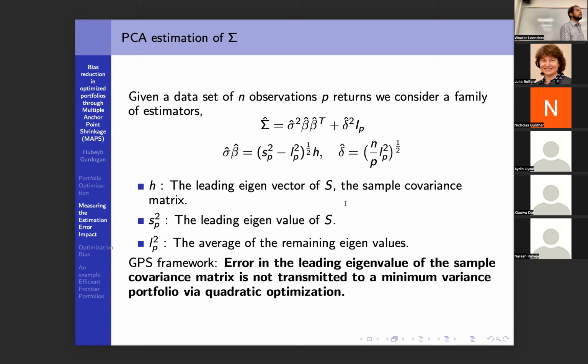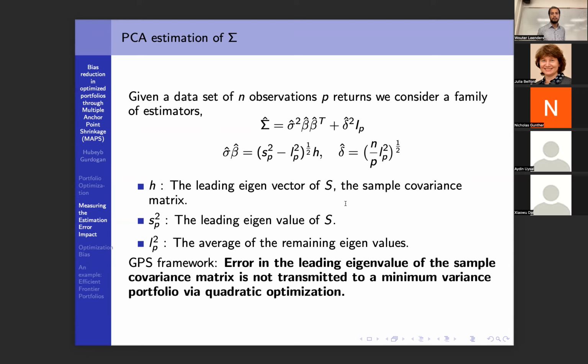So its influence is negligible and diminishing for large P, and this is proved in various places. Now, if you have other settings where, say, P and N get large together, this may not happen. So it's an asymptotic result.